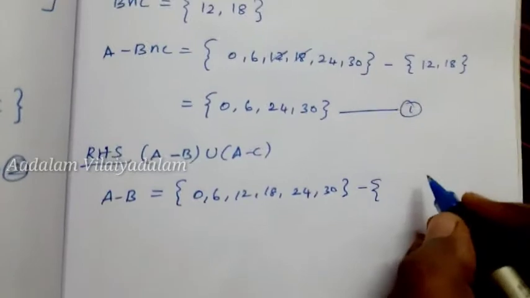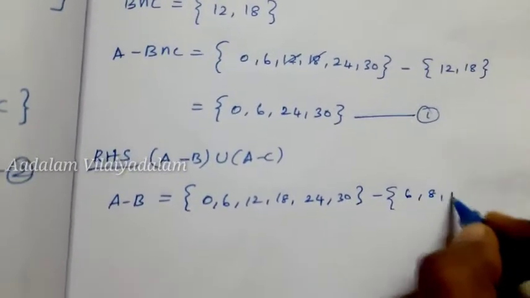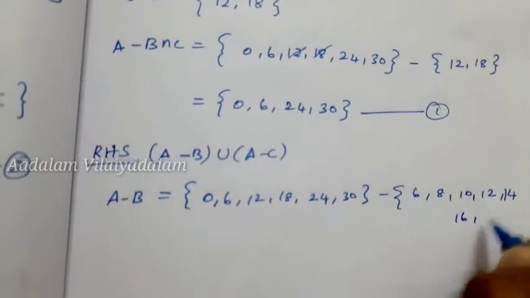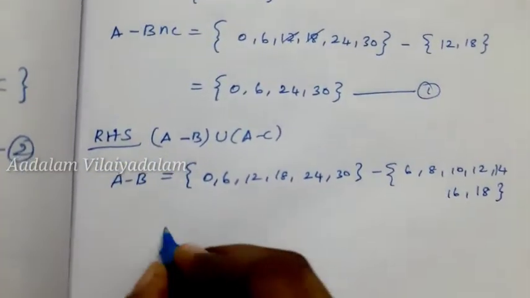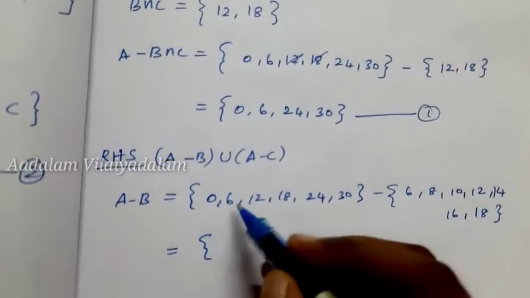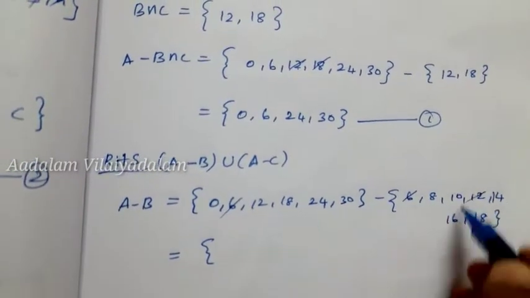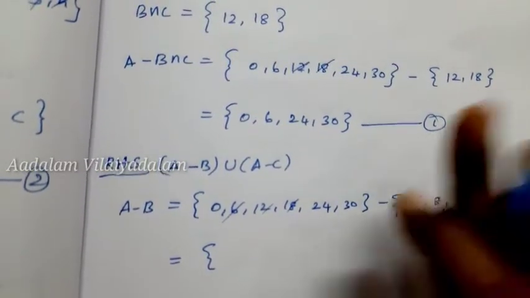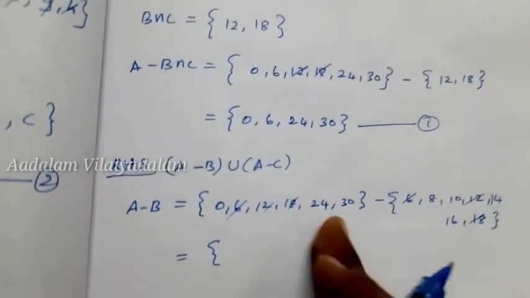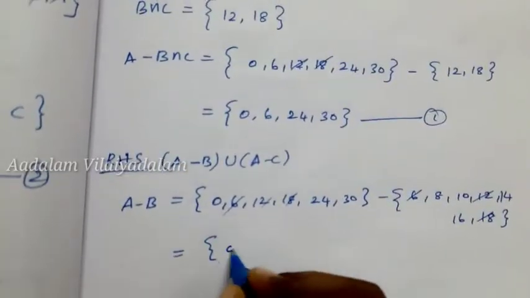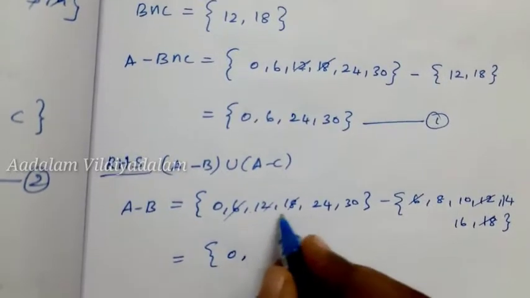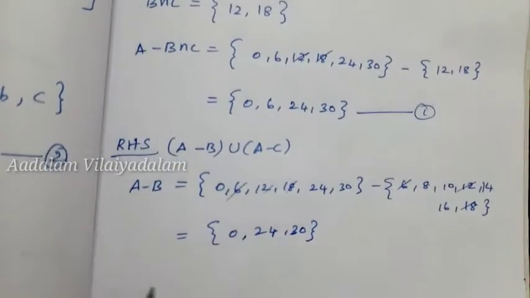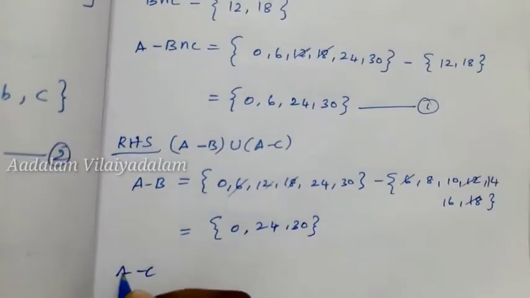Subtract the elements of B, that is 6, 8, 10, 12, 14, 16 and 18. Now just remove the common elements: 6, 12, 18. Then write the remaining values of A: 0, 24, 30.